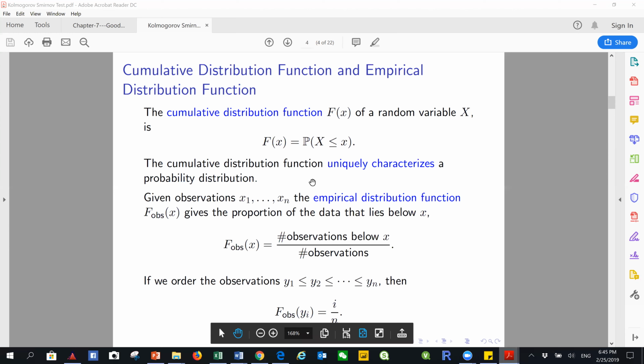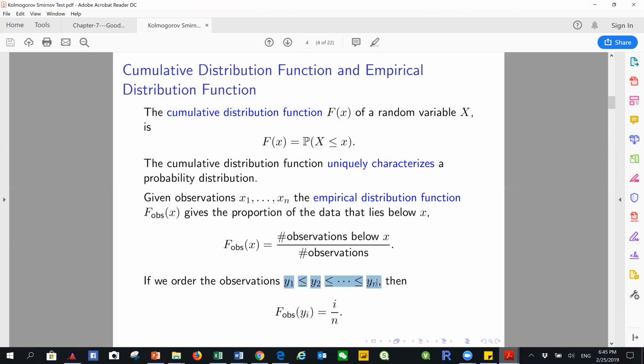So you find a cumulative probability. Assume n is 100. Remember the data, 100 observations. So first you rank them, all the numbers from smallest to largest.